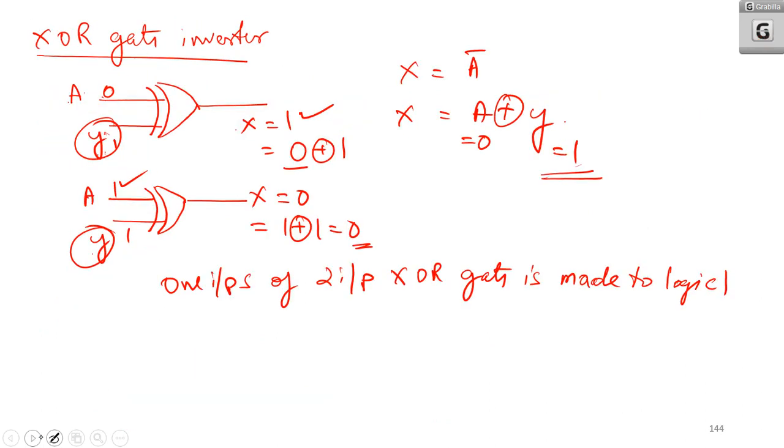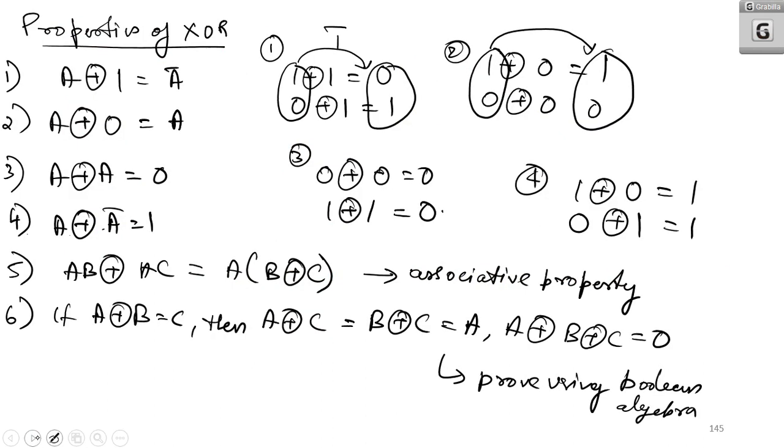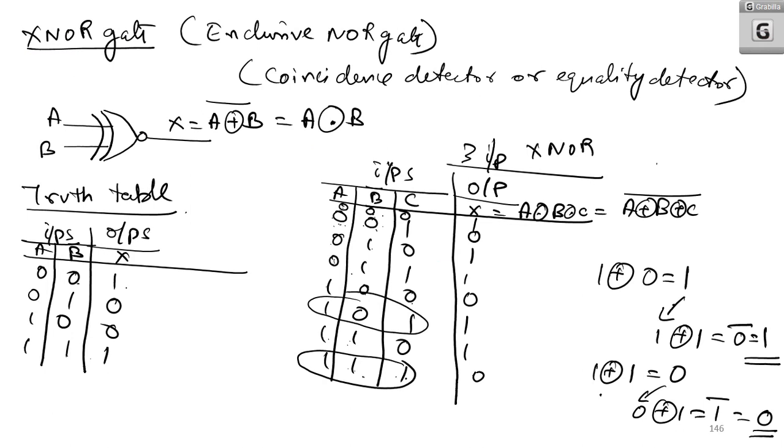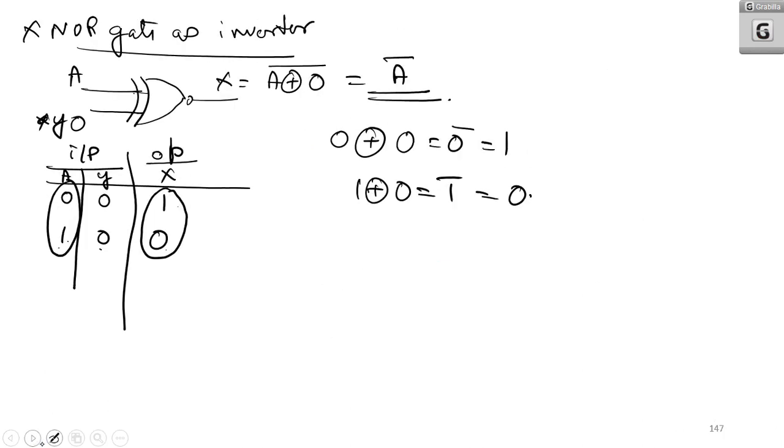Then how this XOR gate can act as an inverter was dealt with. That means if one of the inputs remains as 1, then this XOR gate can always act as an inverter. Similarly, properties of XOR. Then we dealt with the XNOR gate and how it can act as an inverter or NOT gate.